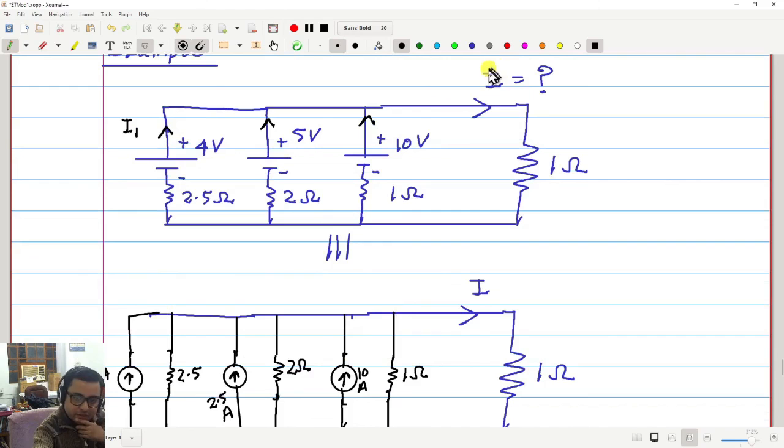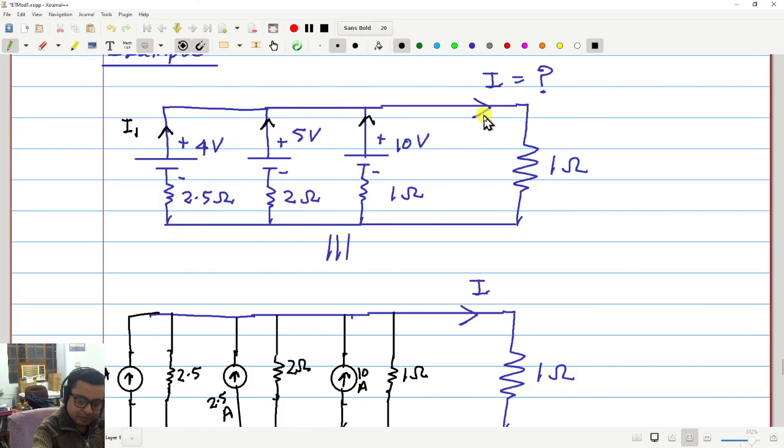Sir, we can just use KVL for each route. Yes, you can do many things. One possible way is, once you know this current, we can take the current of the other 2 branches and apply it on this branch and the resistor to get the current. There are many possibilities.